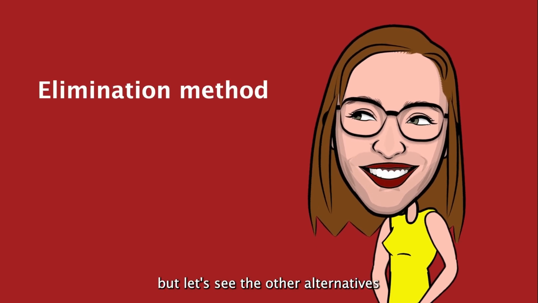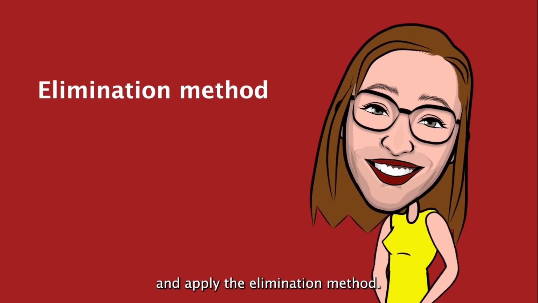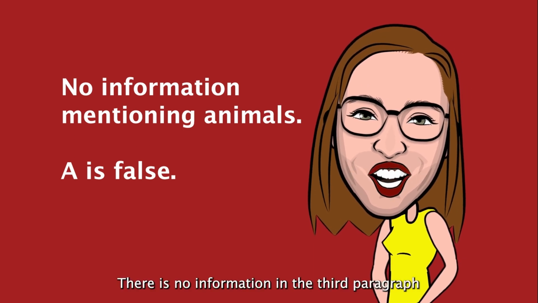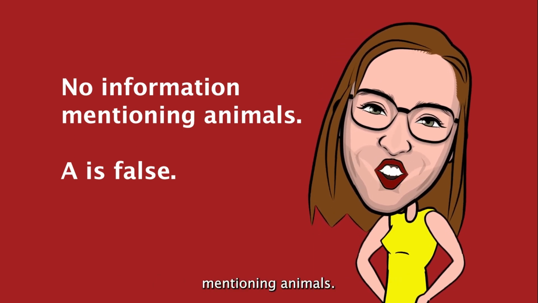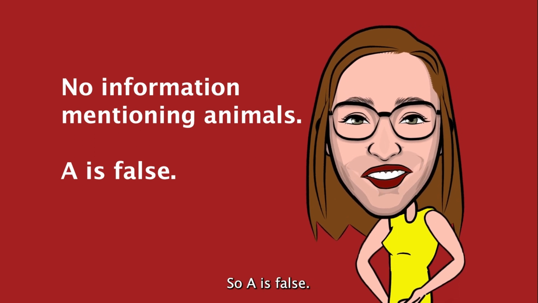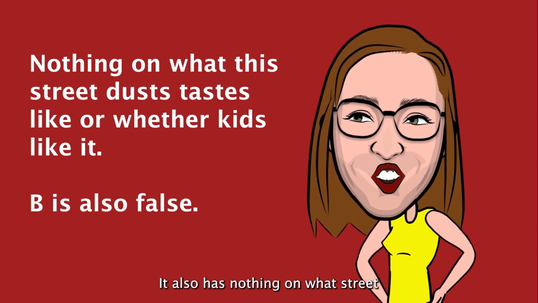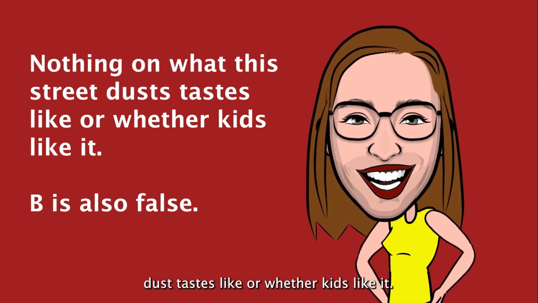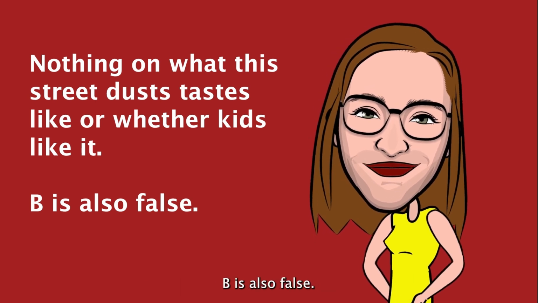But let's see the other alternatives and apply the elimination method. There is no information in the third paragraph mentioning animals, so A is false. It also has nothing on what street dust tastes like, or whether kids like it. B is also false.